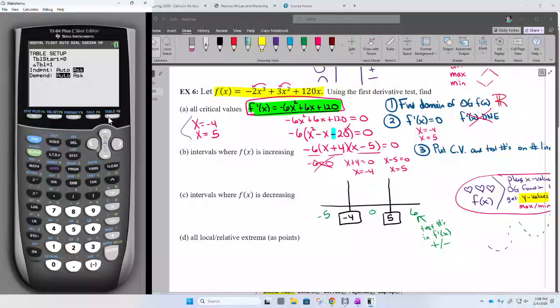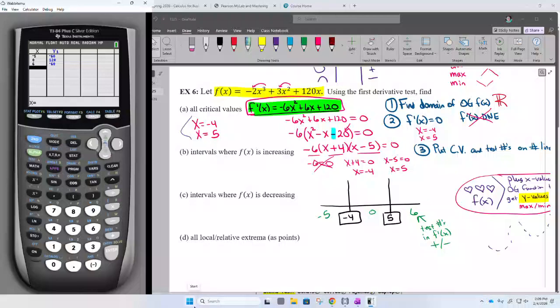So second graph, if you have stuff in there like I do, just hit the delete button until everything's gone. And then we're going to type in these in green here: -5, 0, and 6. And we came out with -60, 120, -60.